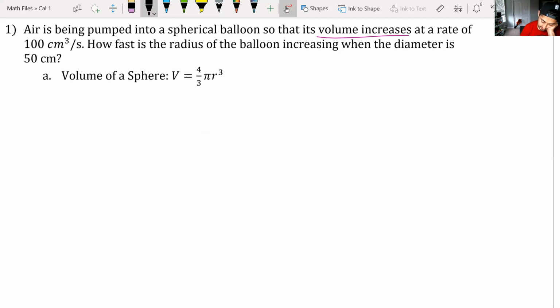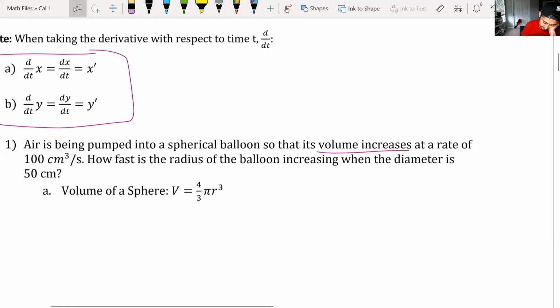So this means that V, they're giving us V prime already because it says the volume increases at a rate. So V prime is 100 cubic centimeters per second.